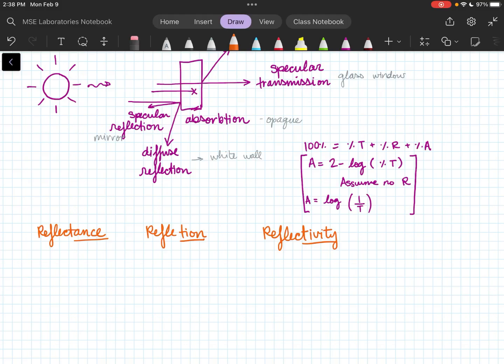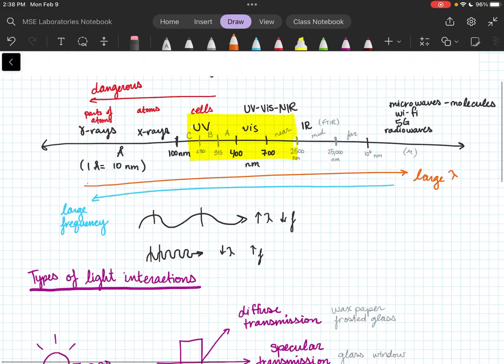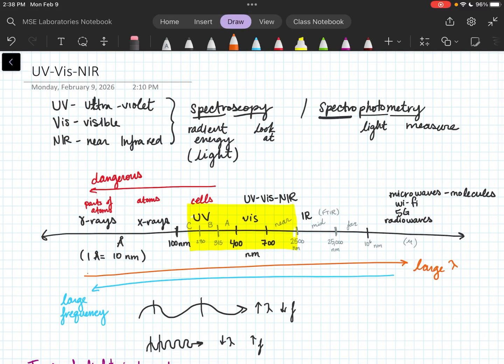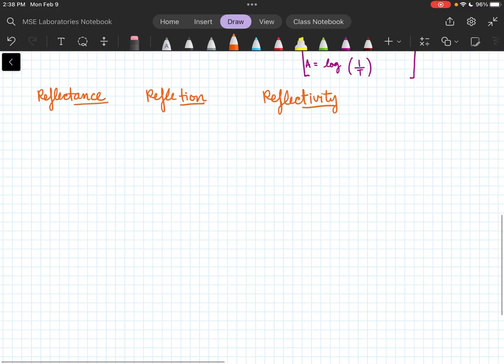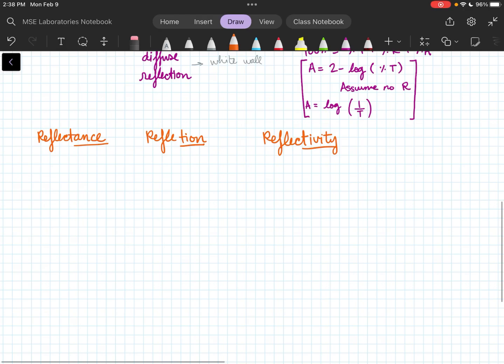And you'll hear people use them pretty much interchangeably. I want to measure the reflectance of this material. What is the reflectivity of this material? Basically the same, and people are going to use them interchangeably. This is another, similar to what we were talking about earlier with spectroscopy or spectrophotometry, that technically there's a difference, and if you're writing a paper, you should care about the difference. But in our spoken language, we don't care as much about the difference.